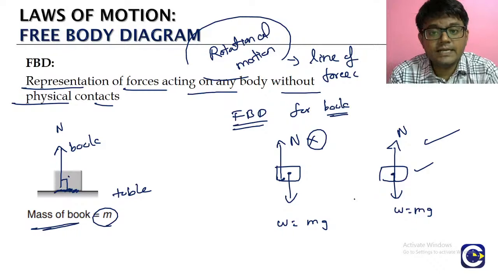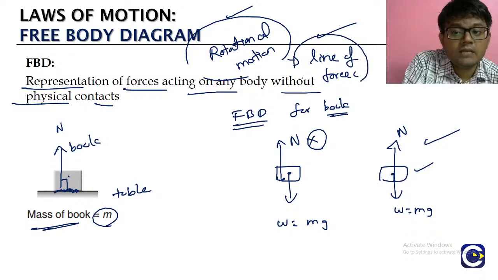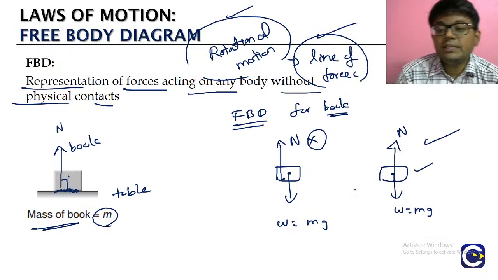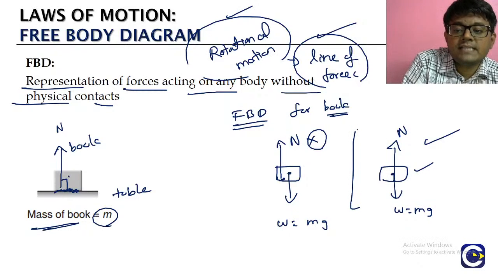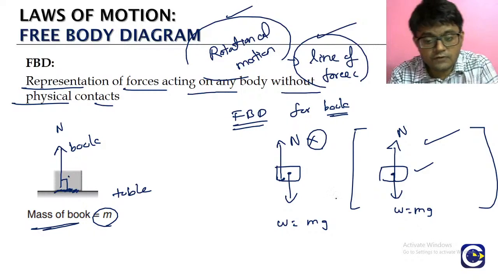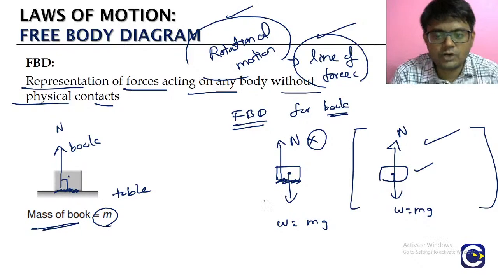But when it comes to rotational motion, we have to be very clear about the line of force, in which line the force is acting. So probably from now itself it is better that we represent the normal reaction acting, of course perpendicular to the contact surface, but along the central line of the object.